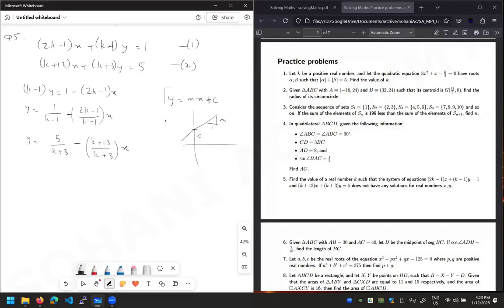So sir, in this, the slope will be minus 13 minus k upon k plus 3. Yes, correct, for the second line.